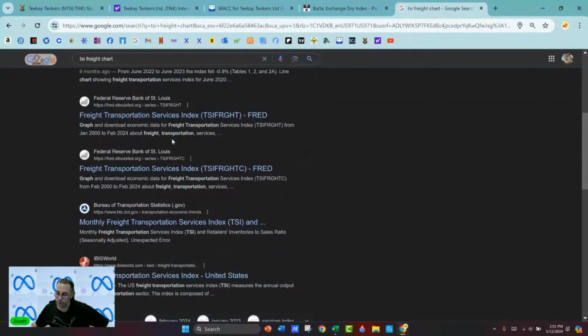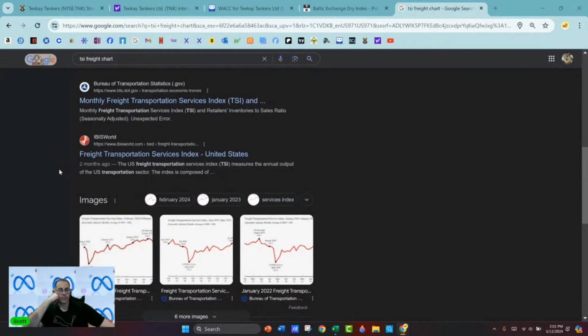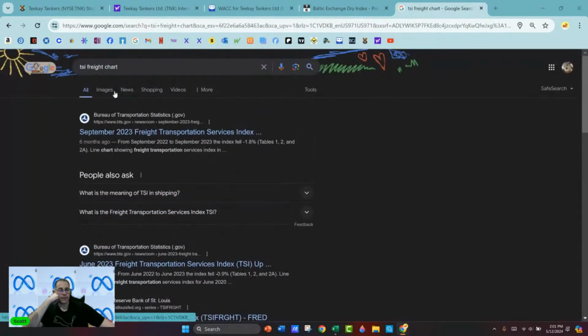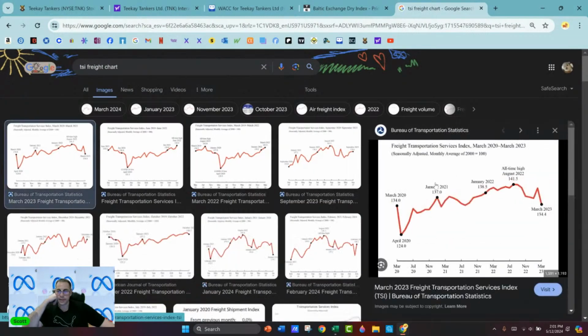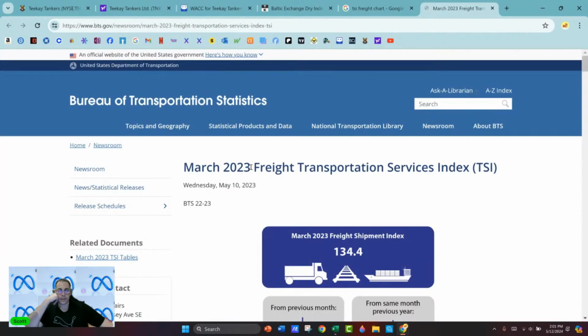Do they have any charts? I'm trying to find a chart to see the shipping rates over the past few years. Freight transportation.